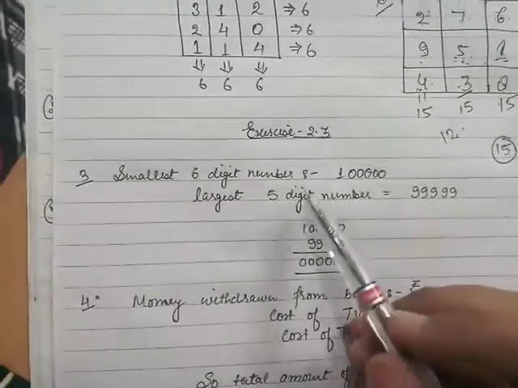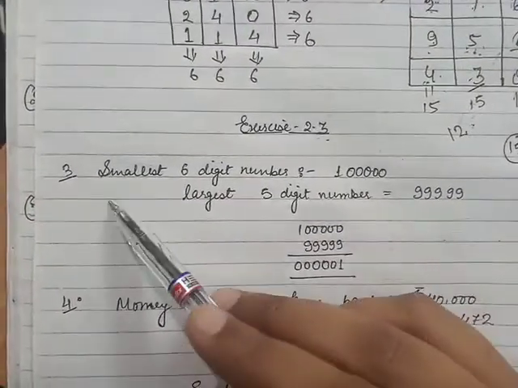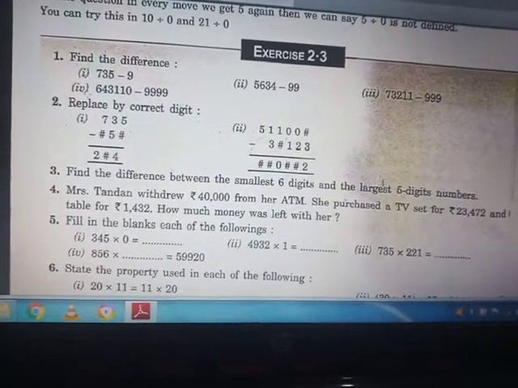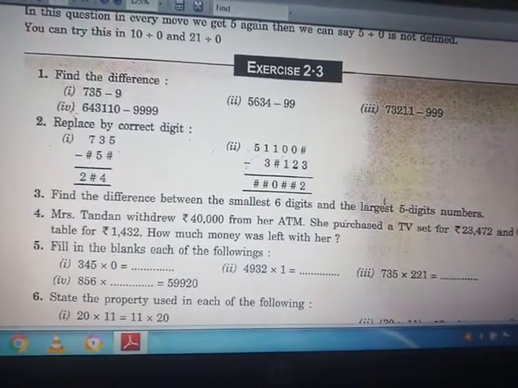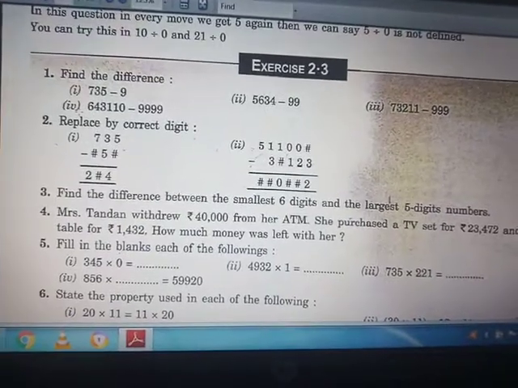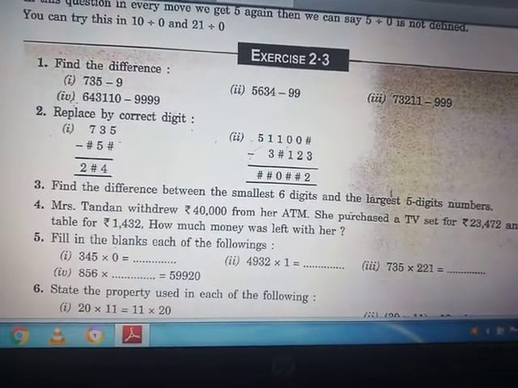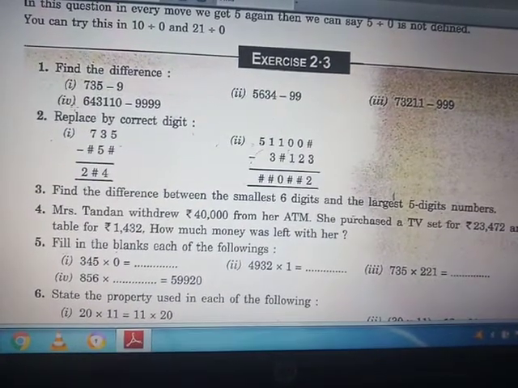Yes, exercise 2.3, question number 3. Your question number 3 is: find the difference between the smallest 6-digit and the largest 5-digit number. We have to find the difference between these two.